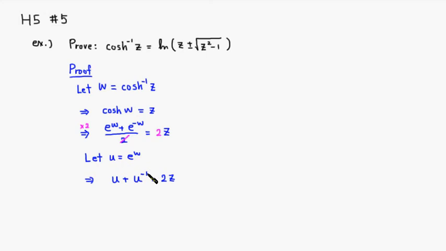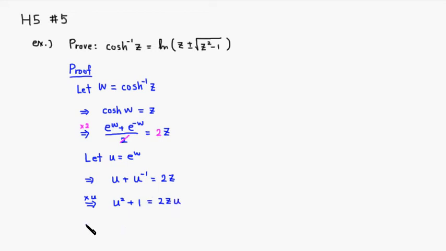I don't like having a negative power, so I'm going to multiply through by u. That way you will have u squared plus 1 is equal to 2zu.